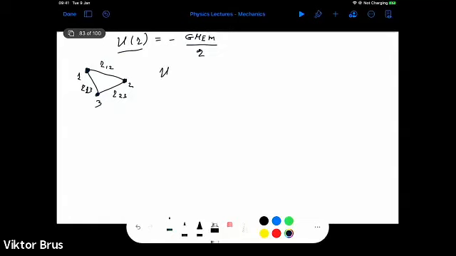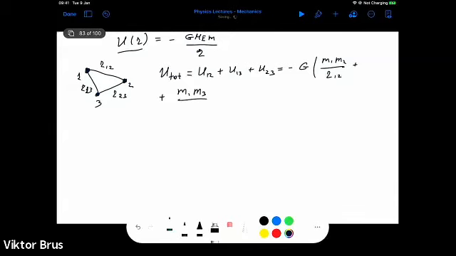So it will be potential energy total equal to potential energy originated from the interaction between bodies 1, 2, plus potential energy originated from bodies 1, 3, and potential energy 2, 3, which is equal to minus G, capital G, M1 times M2 divided by R1,2, then plus M1 M3 divided by R1,3, and plus M2 M3 divided by R2,3.